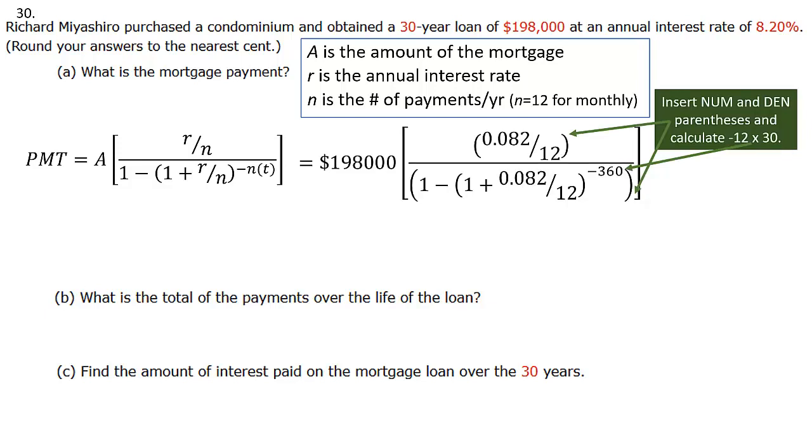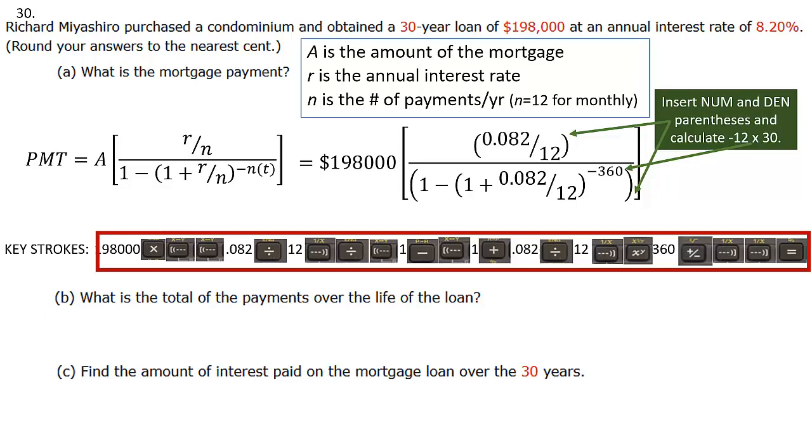And you want to put parentheses around the entire numerator and denominator. Once you do that, the formula's calculator ready. You carefully type that expression into the calculator, and you get a monthly payment of $1,480.55.